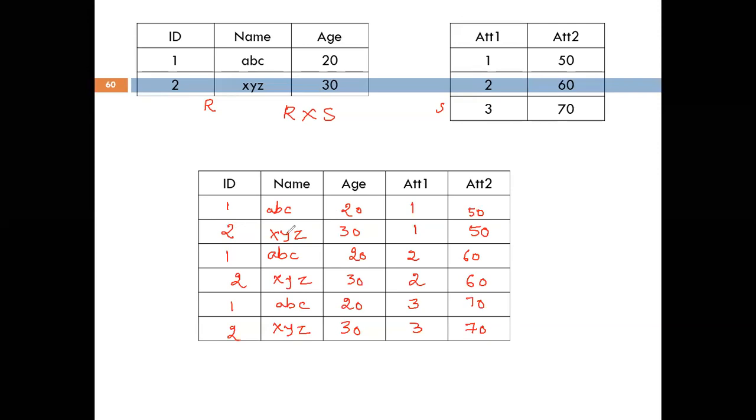If you observe here, each row of R is combined with the first row, second row, and here the third row.